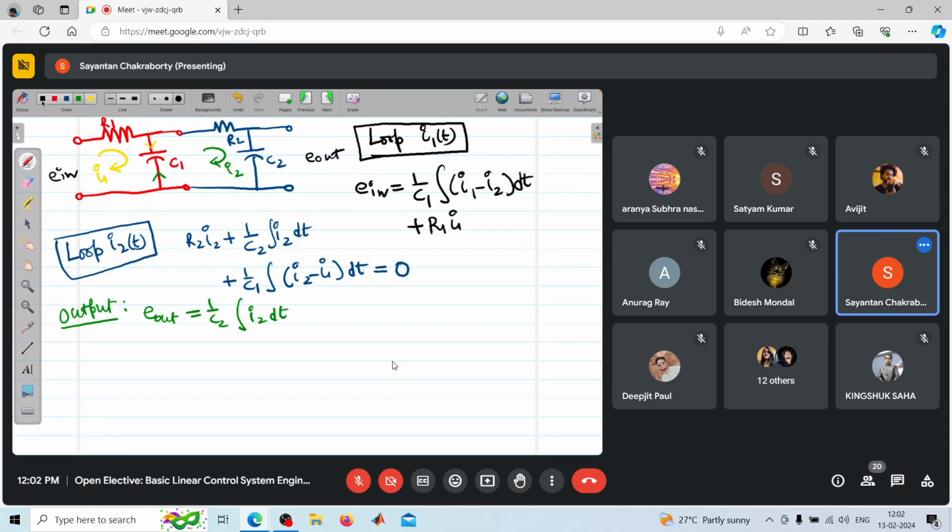Now, assume all initial conditions to be 0 and apply Laplace transform.